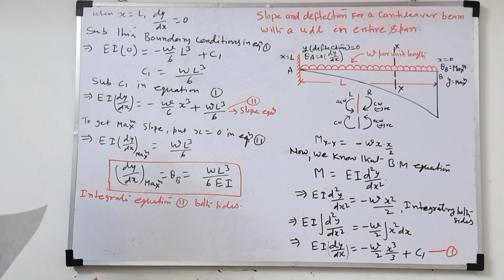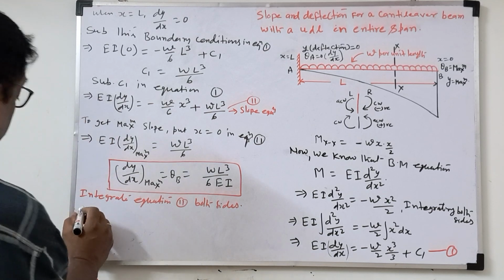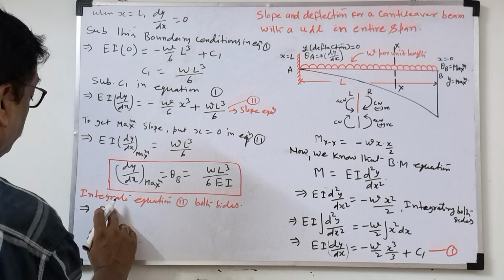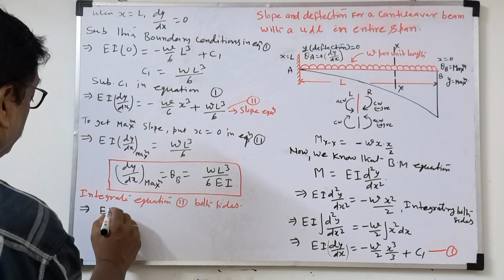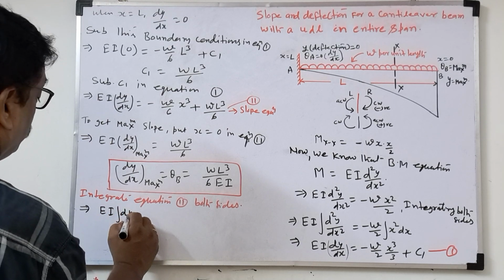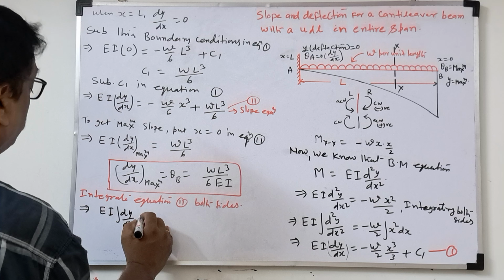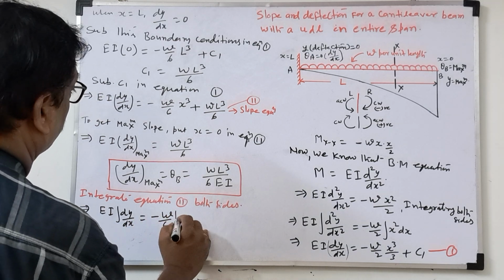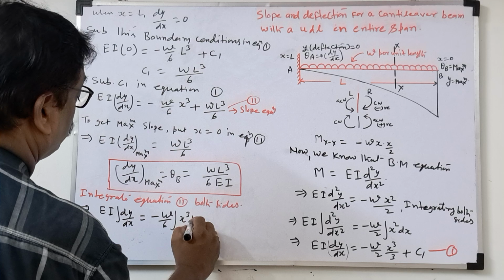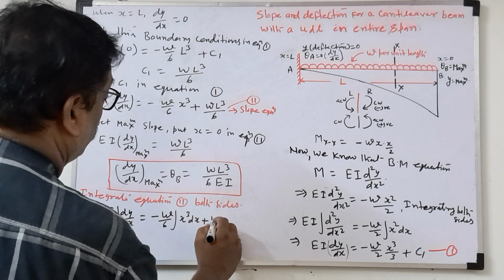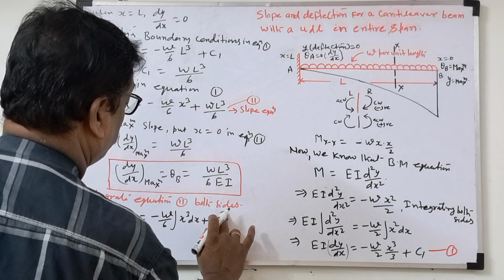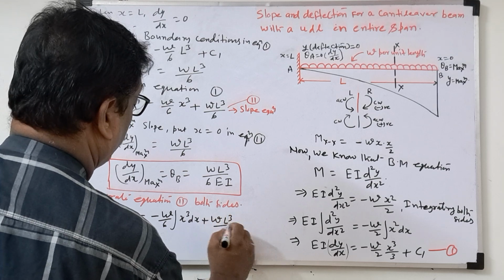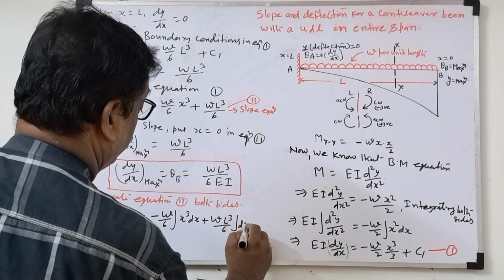So what will be the integrations now? EI integrations of dy by dx equal to minus w by 6 integral x cube dx plus W L cube by 6 dx.